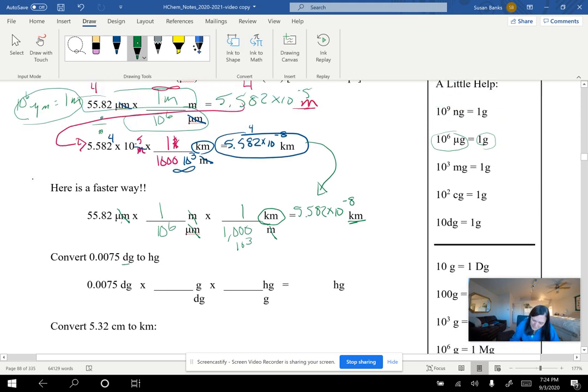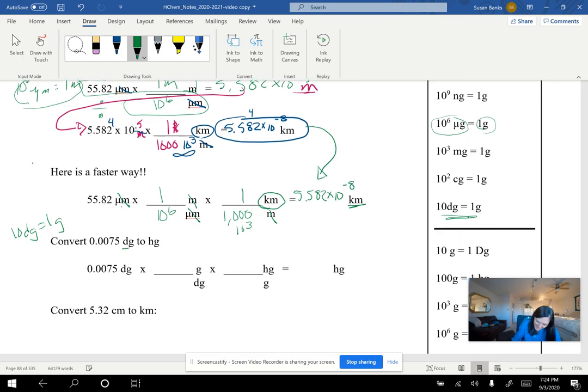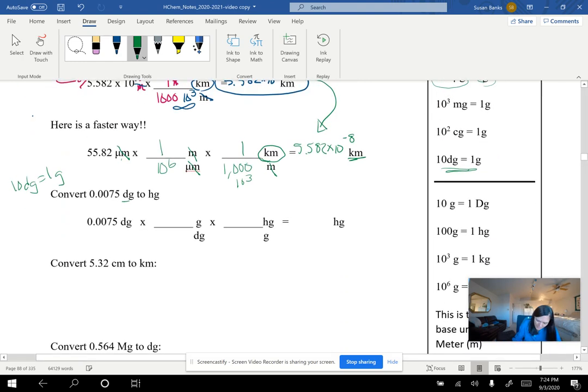So deci, I'm going to use 10 decigrams is equal to 1 gram. And then the next thing, I need to look at gram and hecto. Hecto is 100. So I will have 100 grams is equal to 1 hectogram.